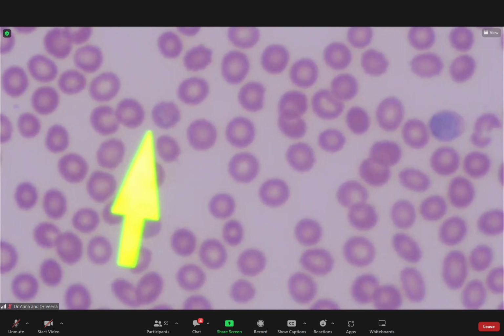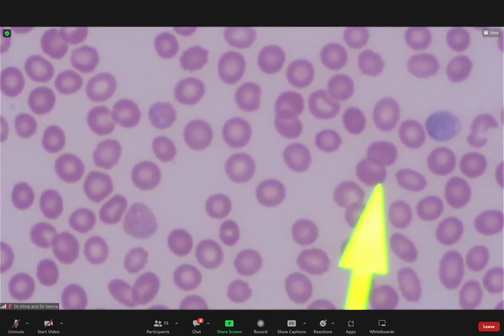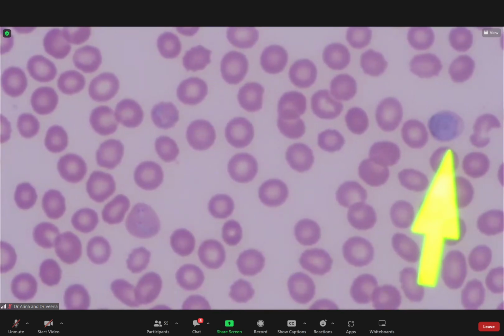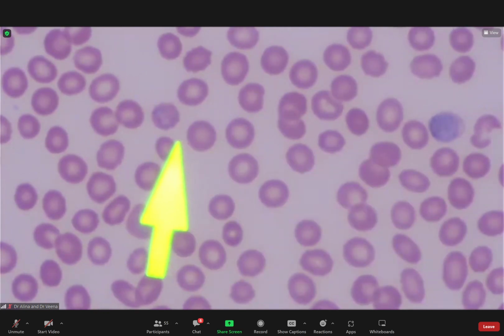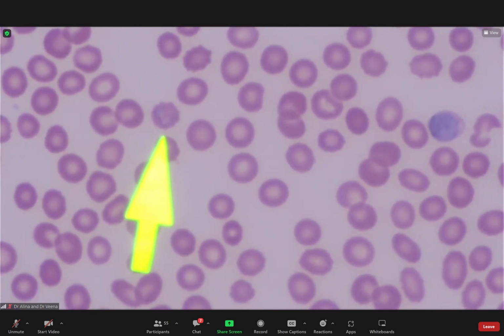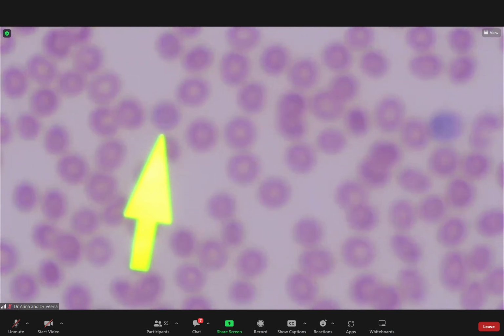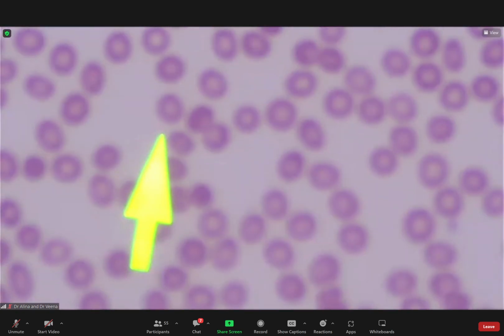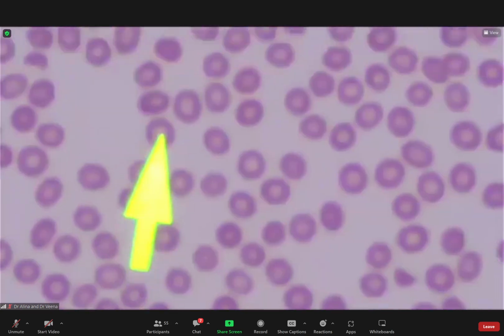It's not very clear. Oh, what are you pointing at? This one, ring trophozoite. Which one? I can't see. Here, ring trophozoites, I think. Yeah. The trophozoites are not very clear. Here, there's a trophozoite here. So in the life cycle of the malaria, the trophozoites are the earlier form lah. And then they will multiply, and then they will become gametocytes. So this is a case of malaria.